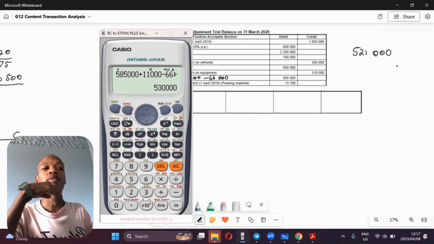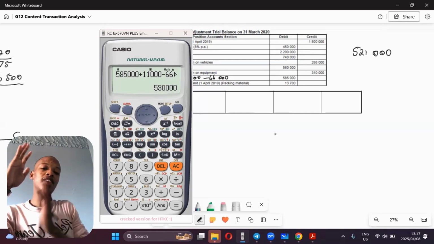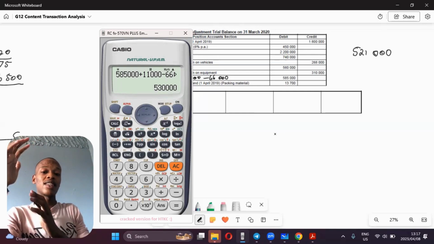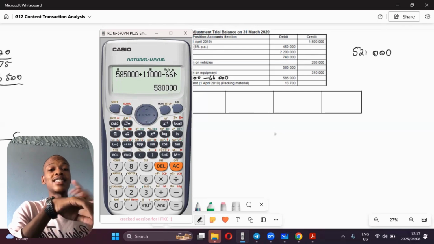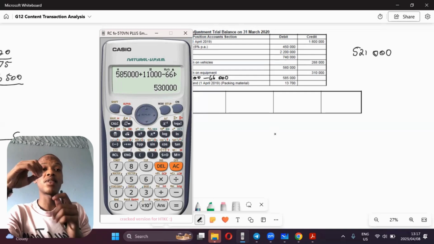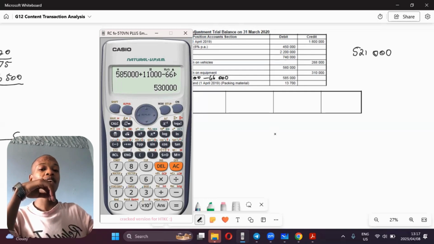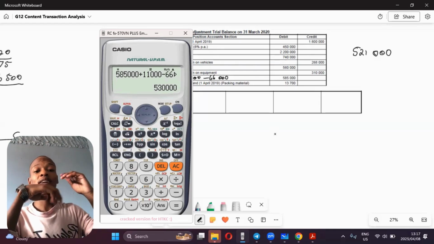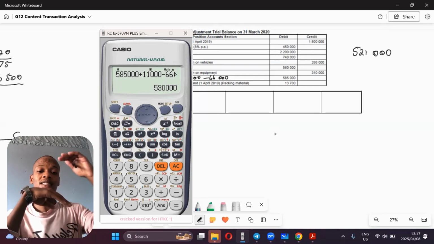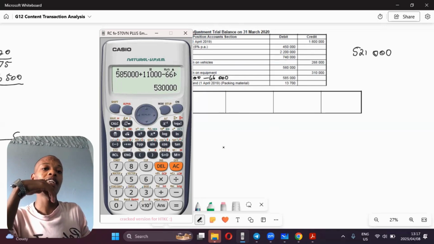It is actually 521,000, so the difference between the two is 9,000. If the value according to the auditor is less than the value that we know the trading stock is worth, that means it's a trading stock deficit. But if the value calculated by the auditor is greater, that means it's going to be a trading stock surplus. In this case, it's going to be a trading stock deficit.